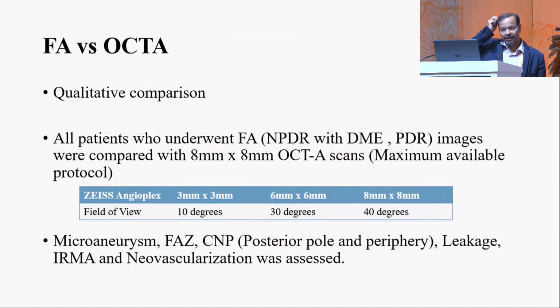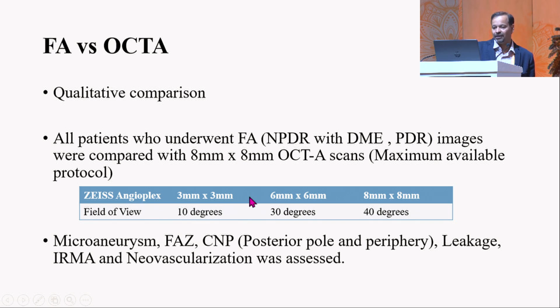So we compared what was seen on FA versus OCTA, and there was a little difference here because the FFA was done using standard cameras, while OCTA was done using 8x8 mm scans. The Zeiss Angioplex was the machine used.